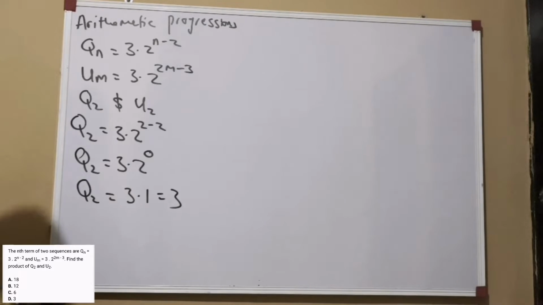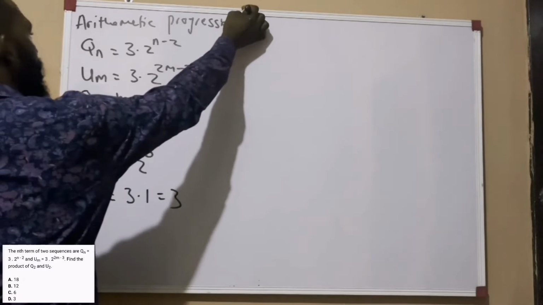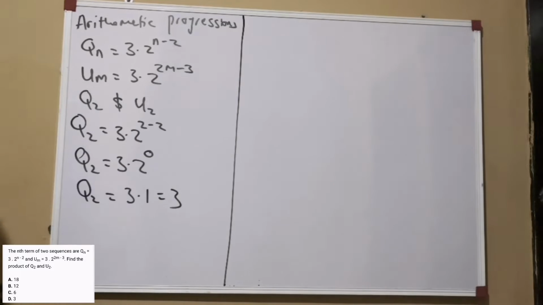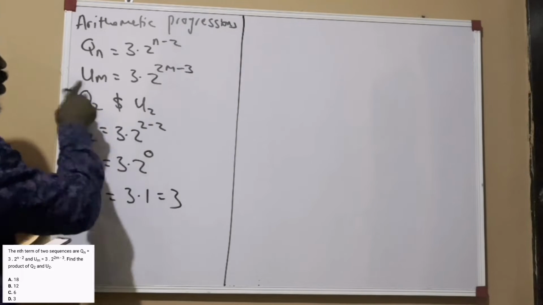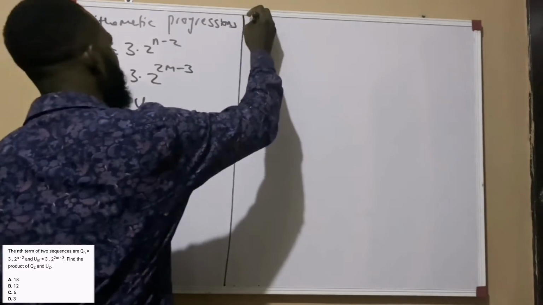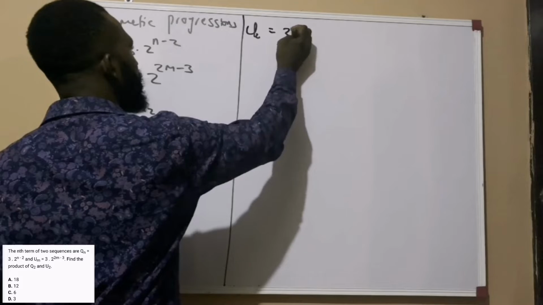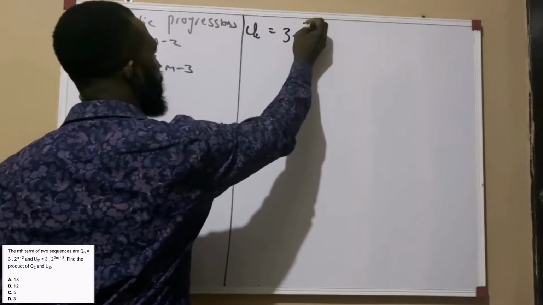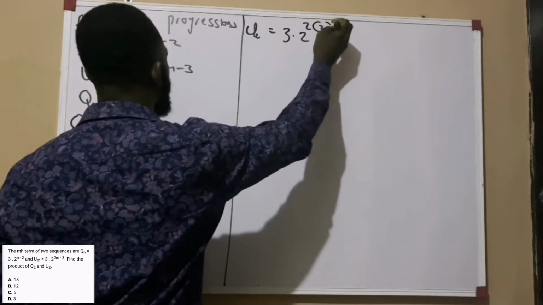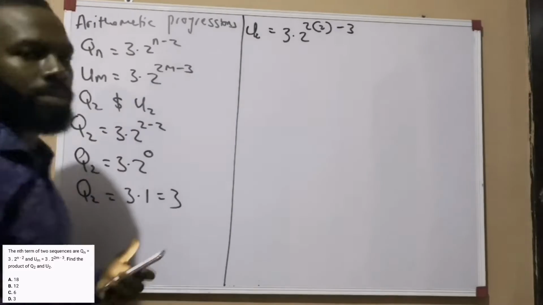Okay, that's for Q2. Now let us solve for Un using U2. Now also my n is 2, so using this we'll have U2 is equal to 3 times 2 raised to the power of 2 bracket 2 minus 3.